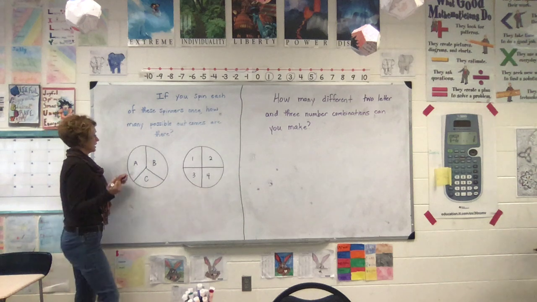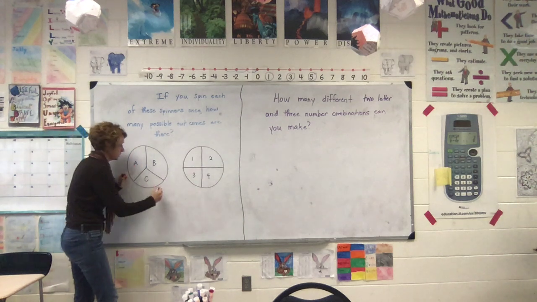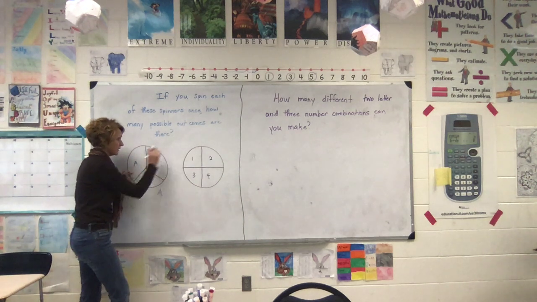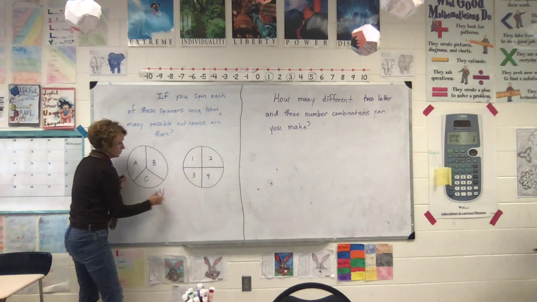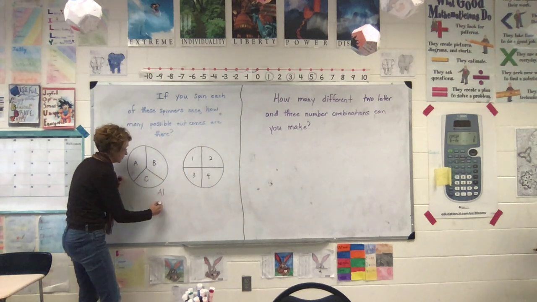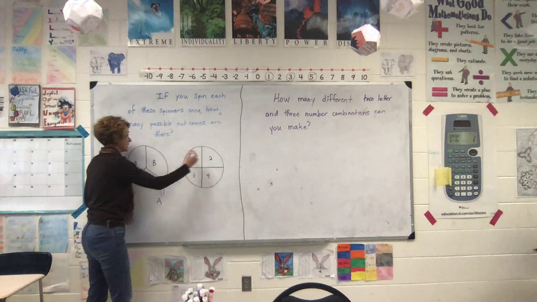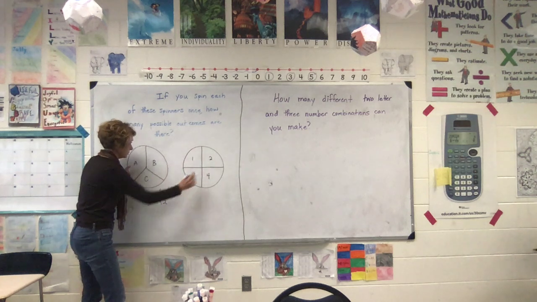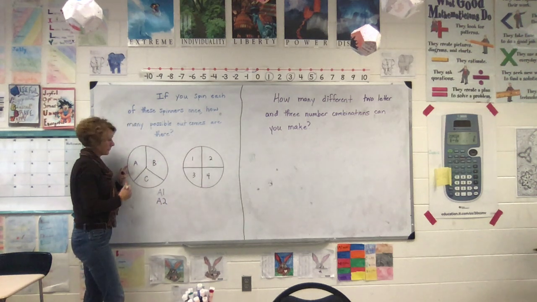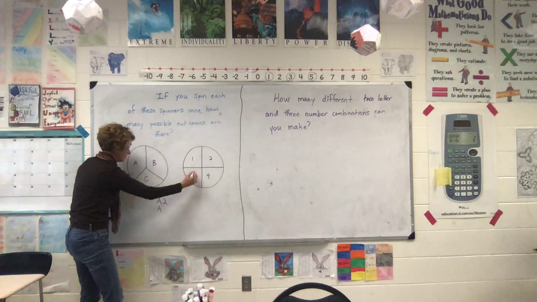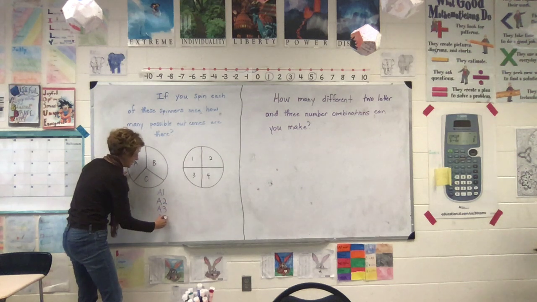For example, if I spin this spinner, I could get an A. And then if I go to this spinner, I could get a 1. I could also get A on the first one, but I could get A and then a 2 on the second spin. I could get A with 3, A with 4.